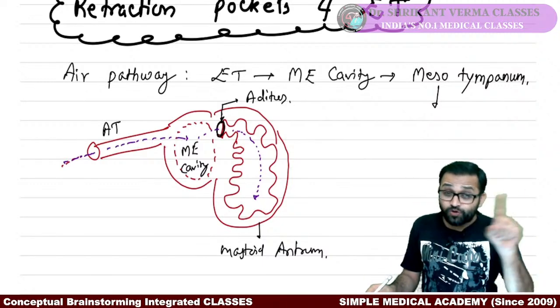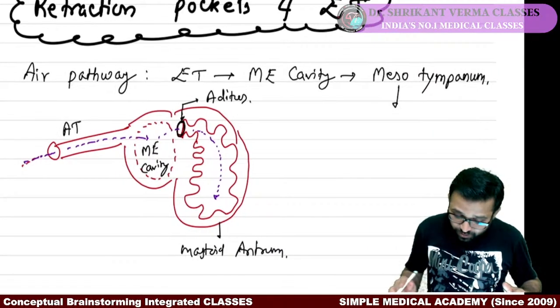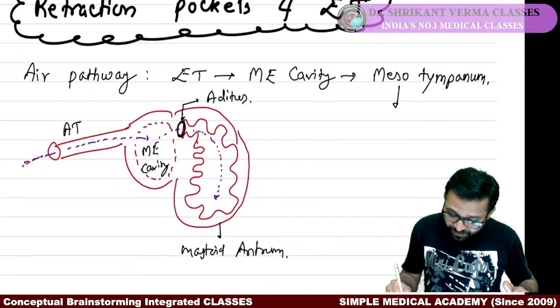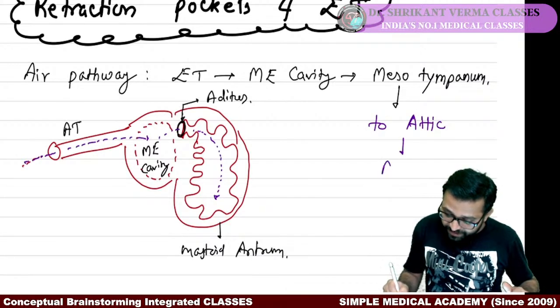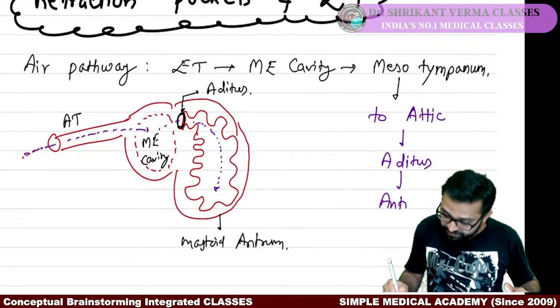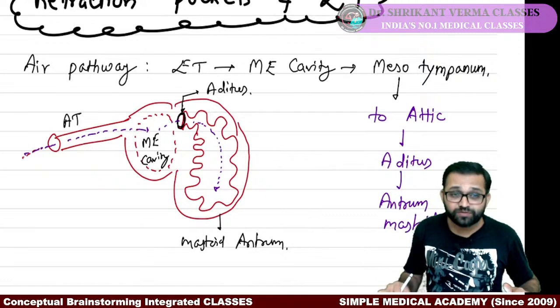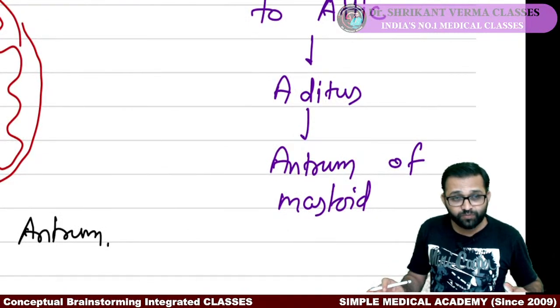So normally there is no accumulation of the fluid. You will see that through the mesotympanum it will reach the attic area, then the aditus, and then the antrum of the mastoid cavity. Getting the point?